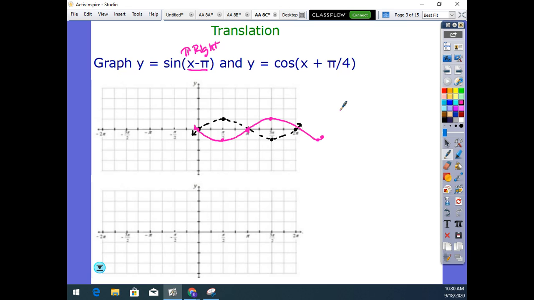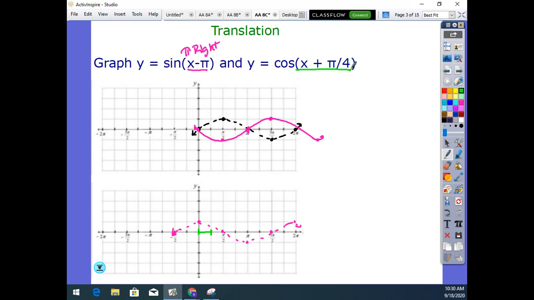So let's look at cosine of x plus pi over 4, with a pi over 4 shift. So cosine normally starts at 1. I'm going to show you the original with the dotted line. Now this time pi over 4 is this distance.